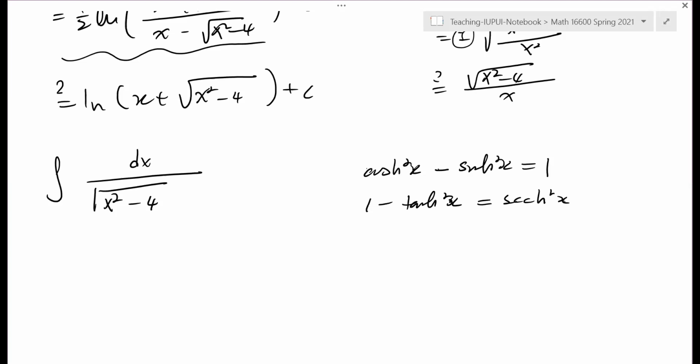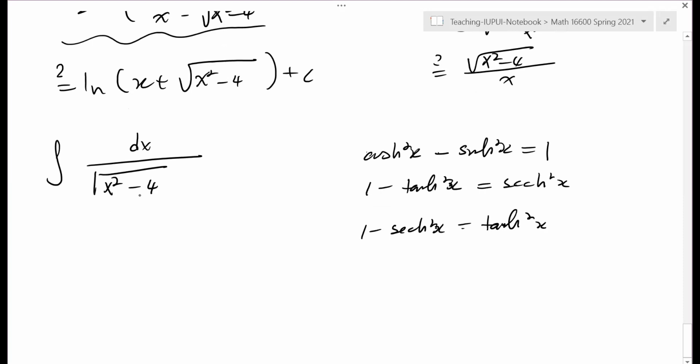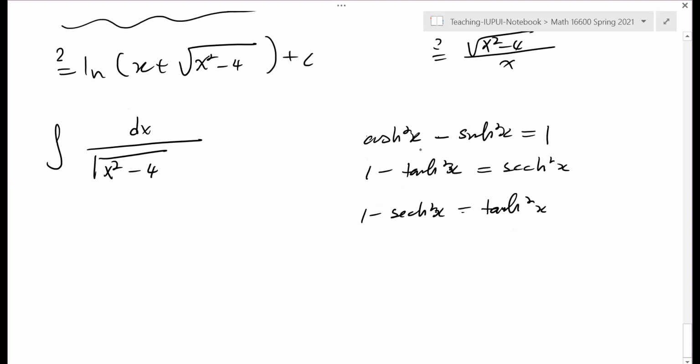Another one is cotangent, I think. So this is tangent. So you can have 1 minus hyperbolic tangent squared x equal hyperbolic secant squared x. But I have an x squared minus 4. I should get x squared minus 1. So when I divide both sides by cosine squared, you see this is one.